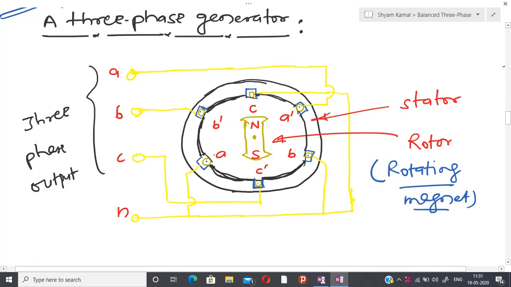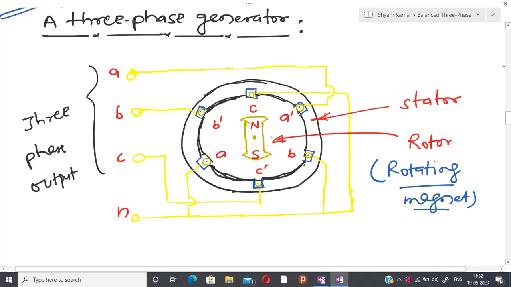You can see the angle between A dash, B dash, and C dash is 120 degree. And if you see the terminal A and A dash, here I have terminal A and here I have terminal A dash, standing for the ends of a coil, and in this figure the coil goes in at one end and comes out at the other end.